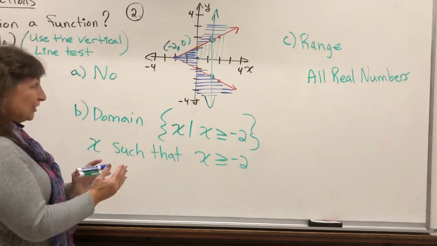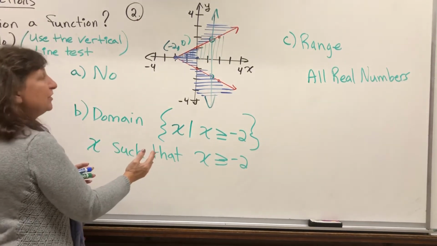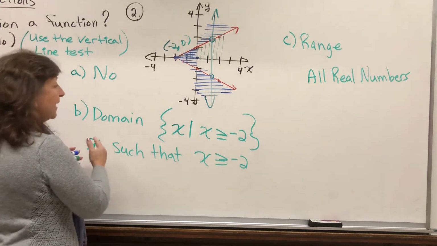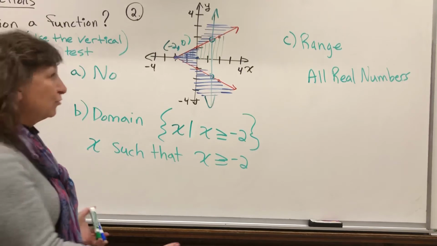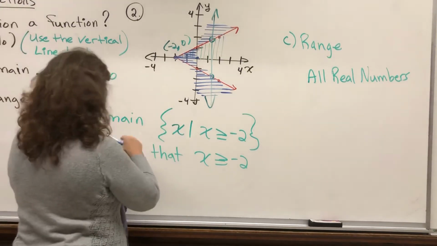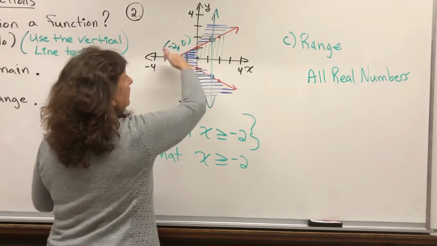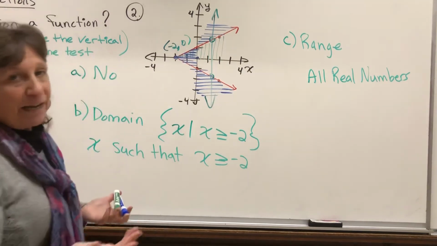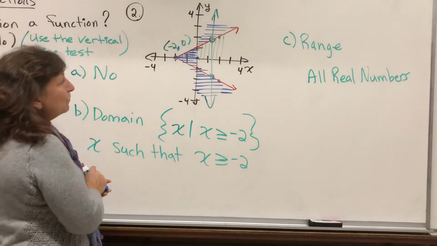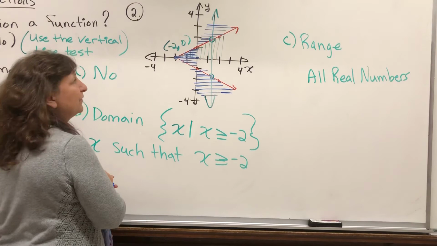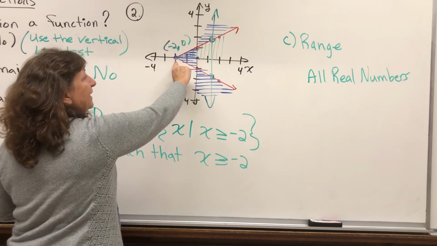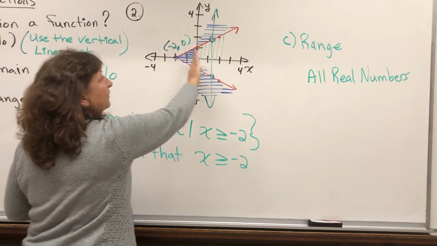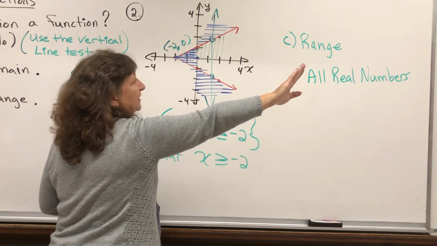But in a nutshell, when I'm looking at this continuous relationship, the domain represents all values of x that are represented by the graph. So this original red graph that looks like an absolute value function, or the inverse of an absolute value function, it does start at this point, and on the x-axis, it has meaning for all values on the x-axis to infinity.